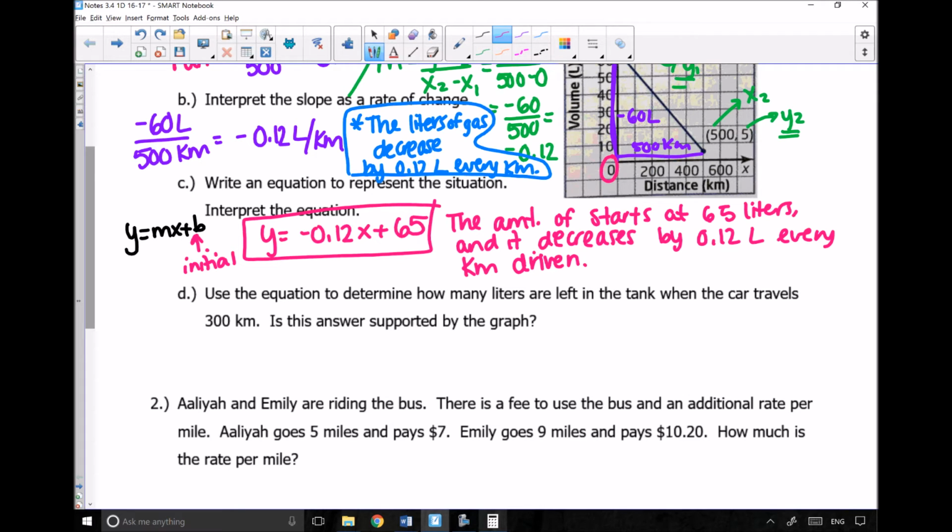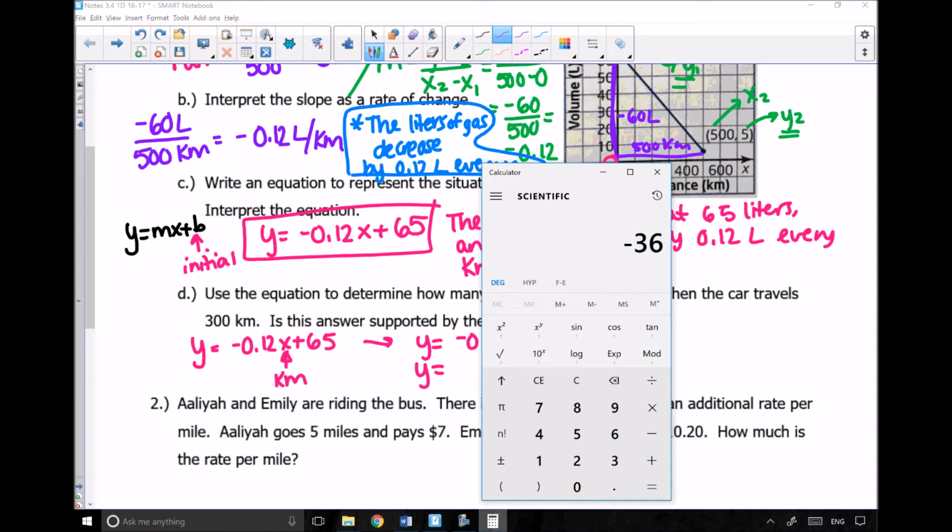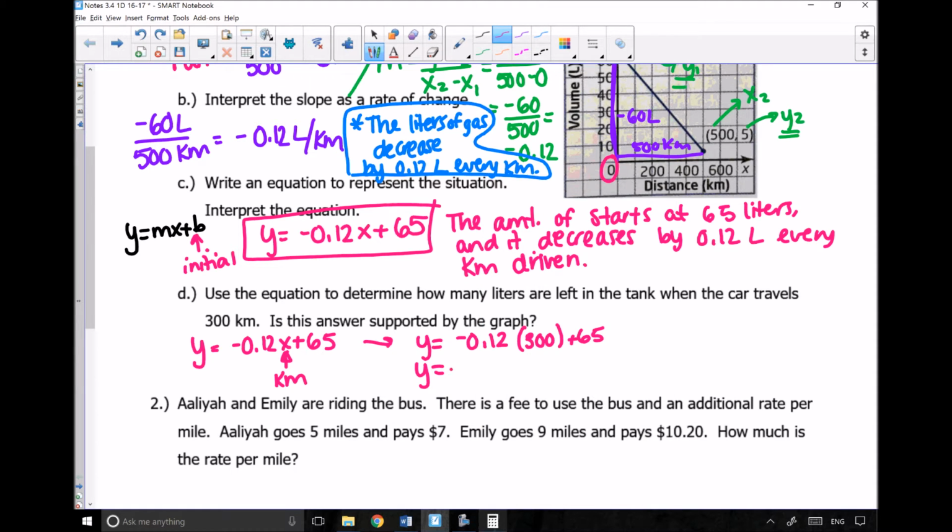Okay, so then I just go ahead and do my multiplication. Negative 0.12 times 300 gives me negative 36, so I get negative 36 plus 65, so y equals, when I add 65 to it, I end up getting 29.